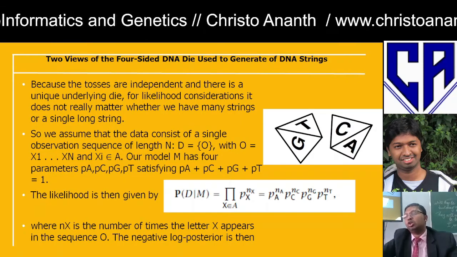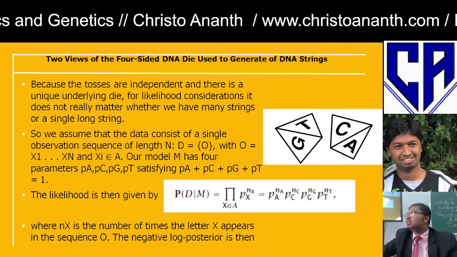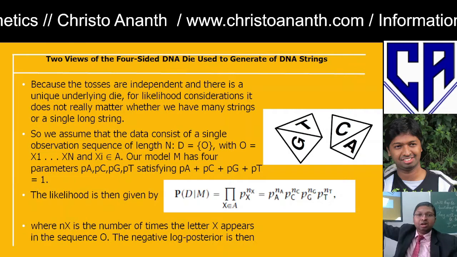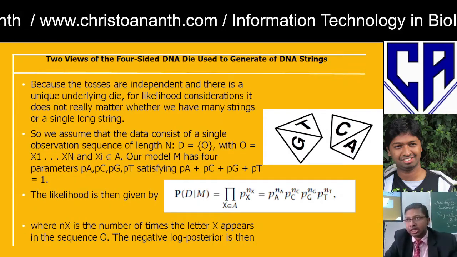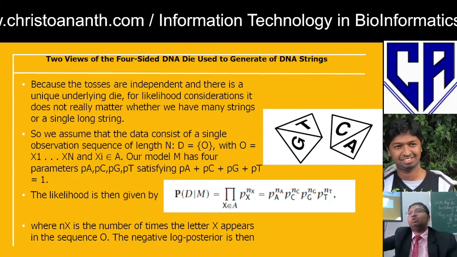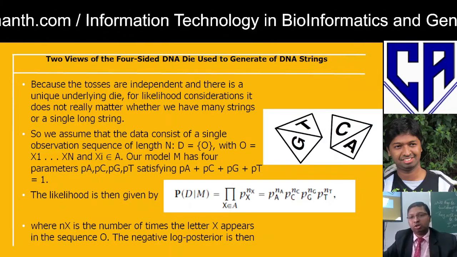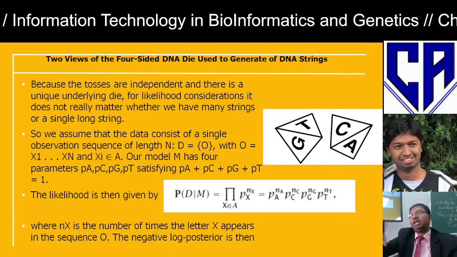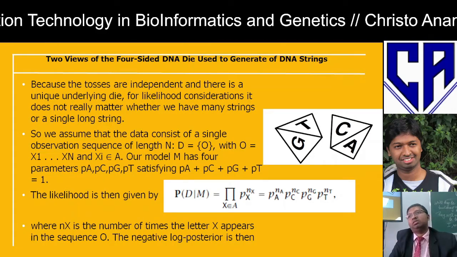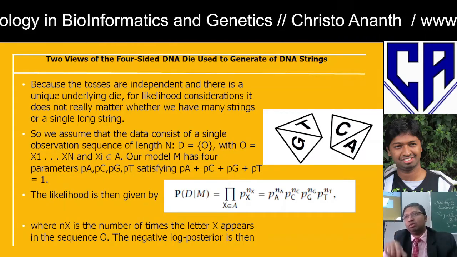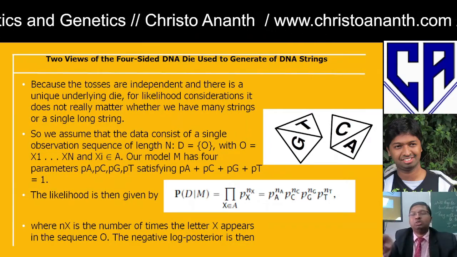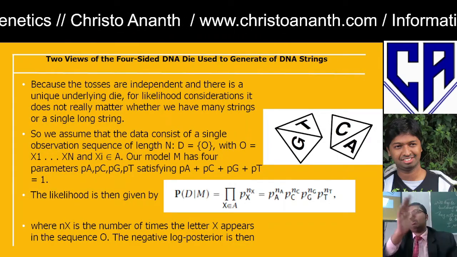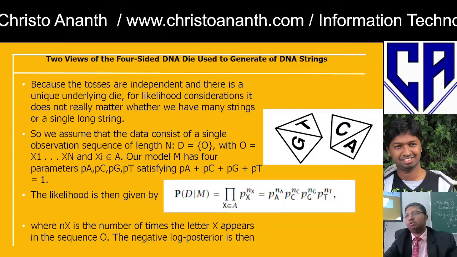The total probability is equal to 1. Similarly for the 4 sides: probability of A plus probability of C plus probability of G plus probability of T is equal to 1. So probability of A is 1 by 4, probability of C is 1 by 4, probability of G is 1 by 4, and probability of T is 1 by 4. If you add 1 by 4 plus 1 by 4 plus 1 by 4 plus 1 by 4, it equals 1.